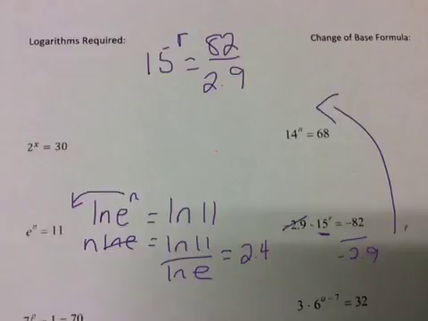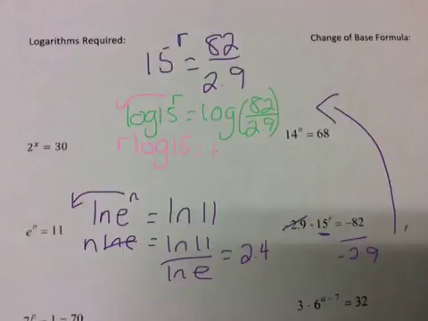Okay, now we can either take the log of both sides or rewrite as a log. Since most people prefer taking the logs of both sides, I will do that. So log 15 to the power of r equals log of 82 over 2.9. And move my r down in front. So r log 15 equals log of 82 over 2.9.